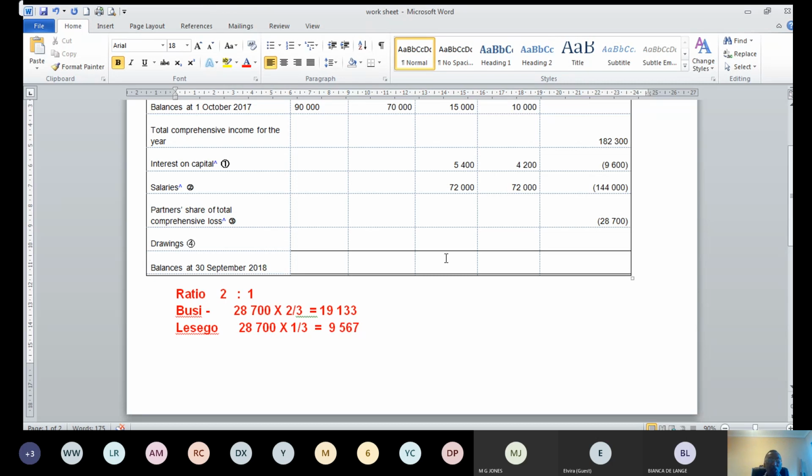So we transfer to the current account of Busi his share of the profit, which is 19,133. We transfer to the current account of Lesego his share of the profit, 9,567.